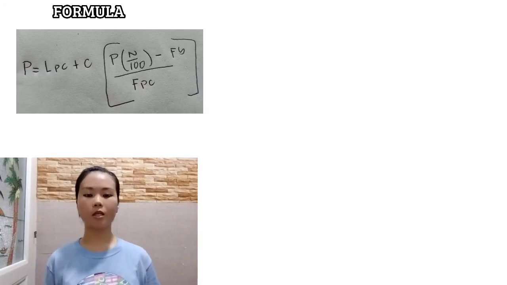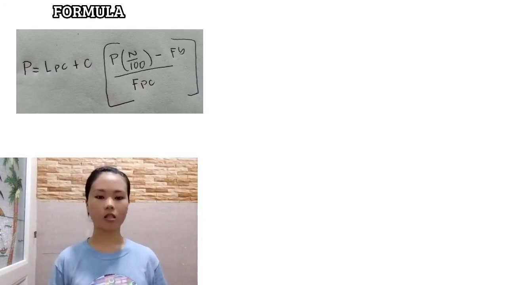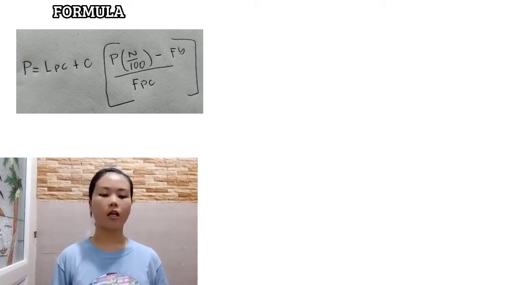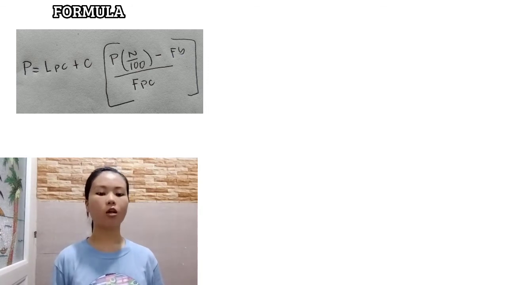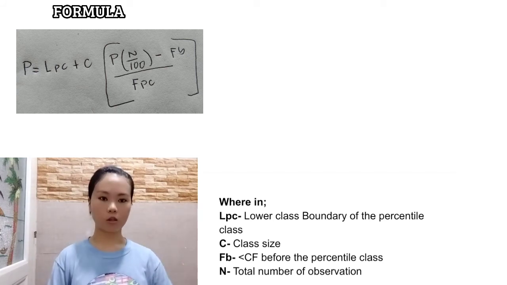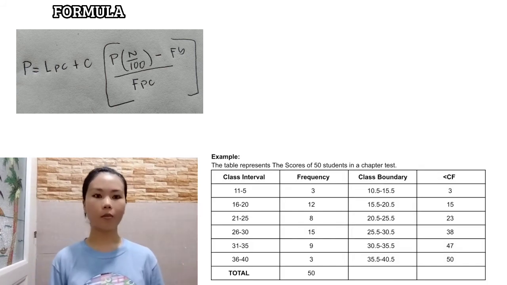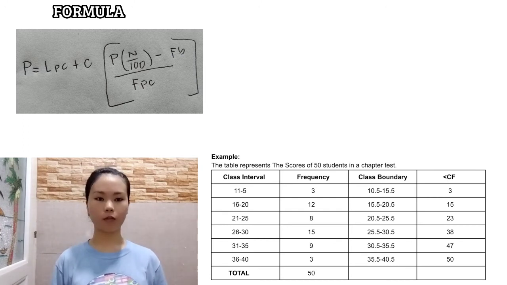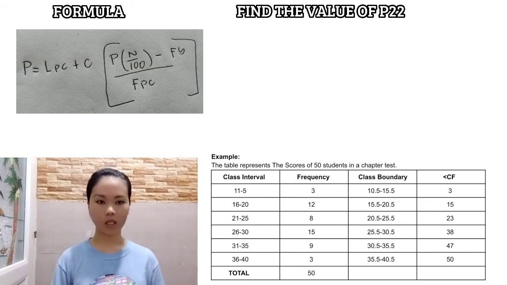P equals L sub PC plus C, open parenthesis P, open parenthesis n over 100 minus F sub B all over F sub PC, wherein LPC is the lower class boundary of the percentile class, C is the class size, FB is the less than cumulative frequency before the percentile class, and N is the total number of observations. The table below represents the scores of 50 students in a chapter test. So we need to find the value of P22.